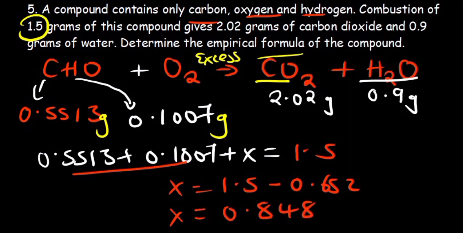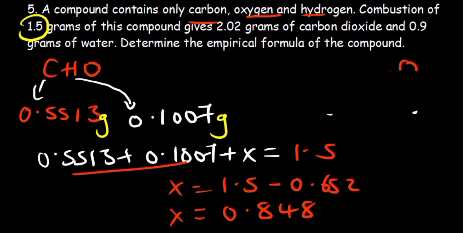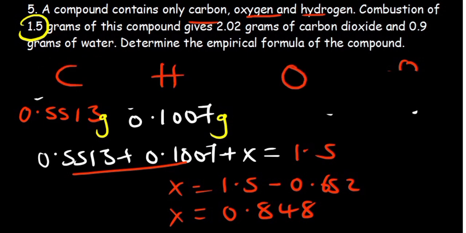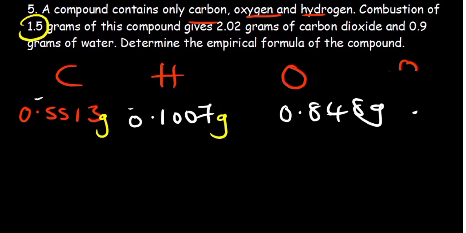So that is what is going to denote our oxygen. So we have carbon, hydrogen, then now our oxygen, which is basically 0.848 grams. So we have the masses of the three atoms.